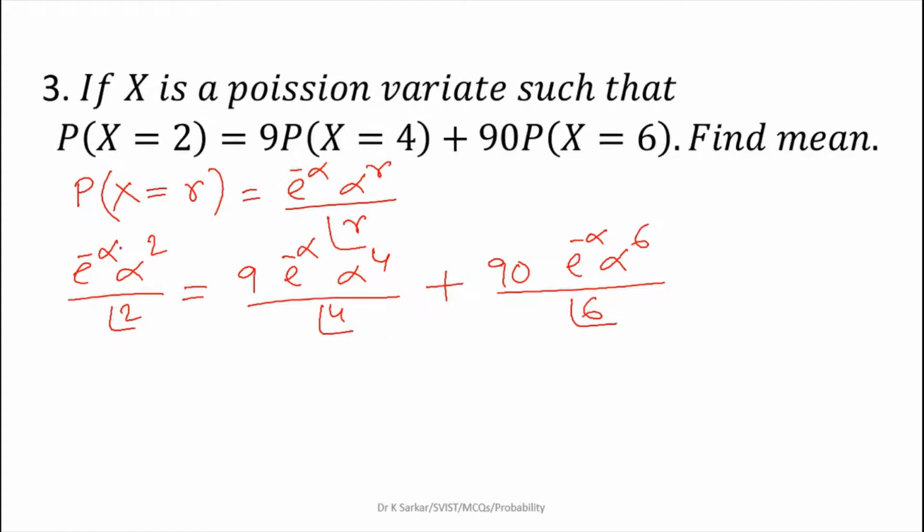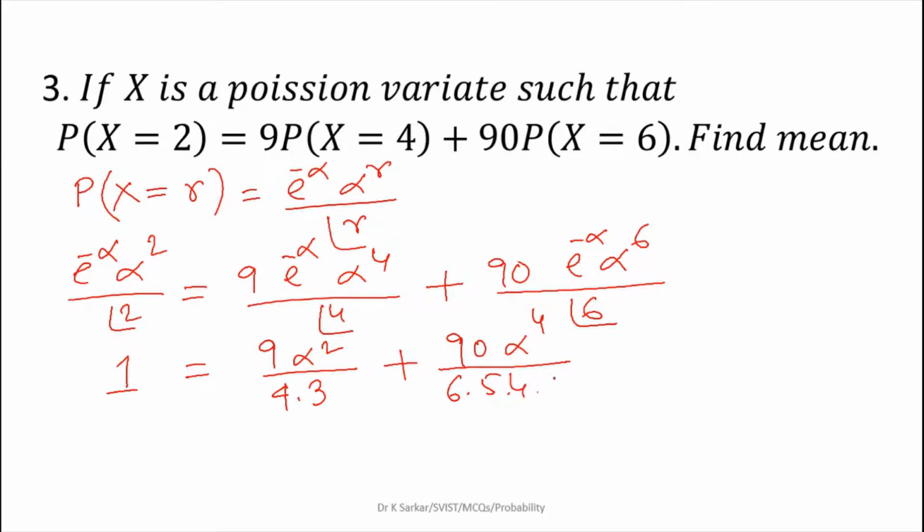Now e to the power minus alpha cancels, alpha square also cancels, and factorial 2 also cancels. So on the left hand side it is 1 equals 9 alpha square by 4 into 3 plus 90 alpha to the power 4 divided by 6 into 5 into 4 into 3.